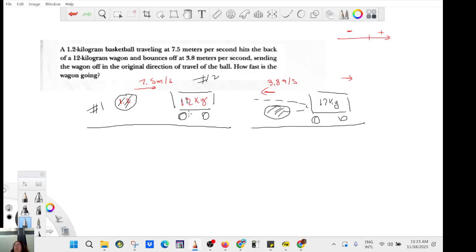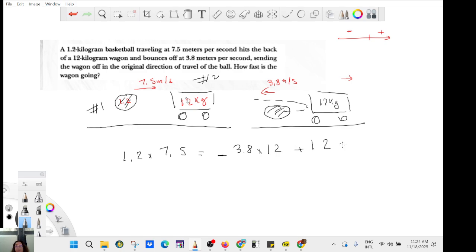Okay. So total momentum before, so that's going to be 1.2 times 7.5. And here, typical mistake, you forget that it's moving to the left. So it's going to be a negative, right? Momentum is a vector. It can be negative. Now that will be a typical mistake, because if you don't put a negative, then you're going to subtract instead of adding.